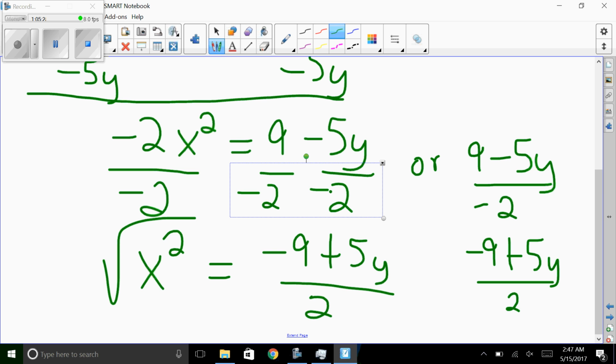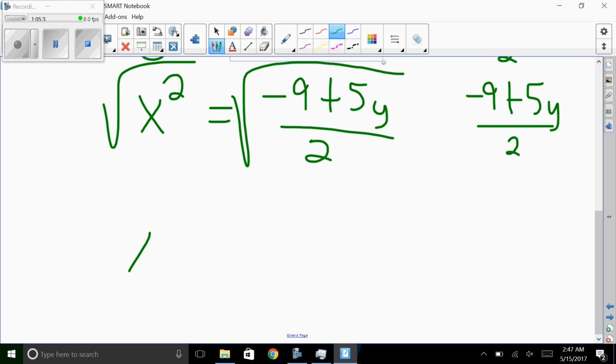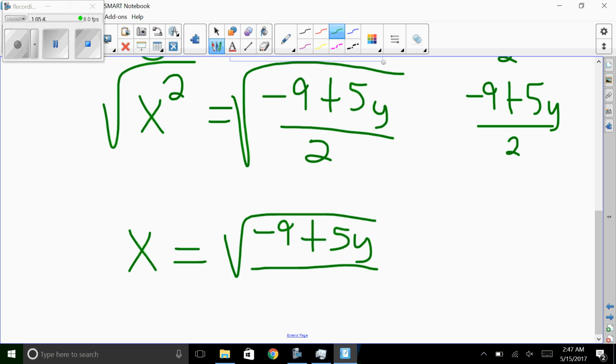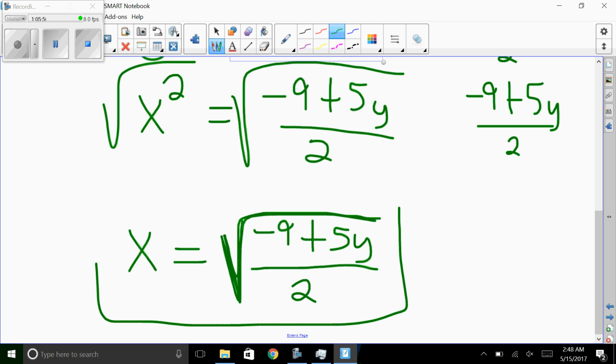So x equals plus or minus the square root of negative 9 minus 5y over 2. They don't like you taking anything out when it's connected with pluses and minuses, so that would be your solution.